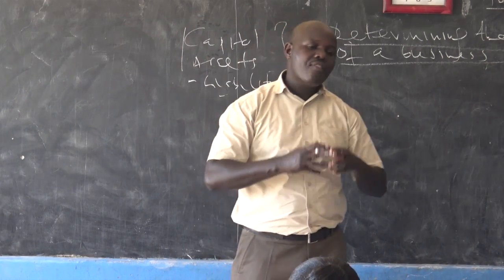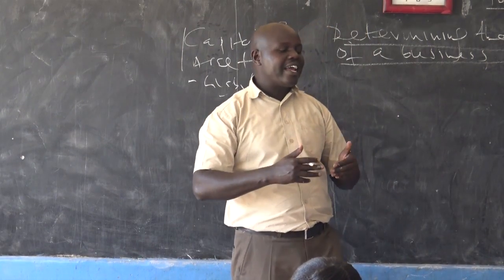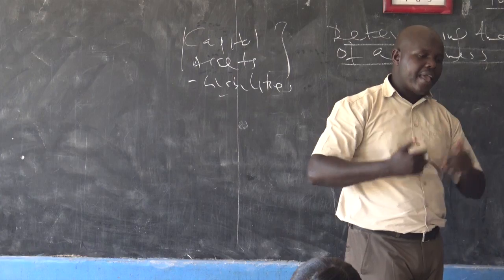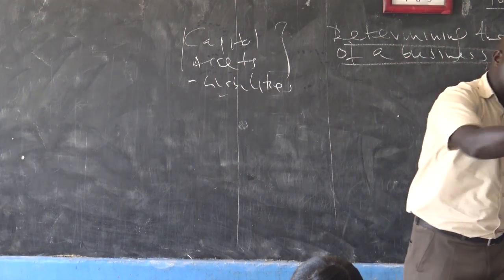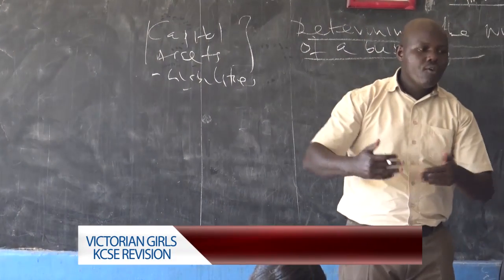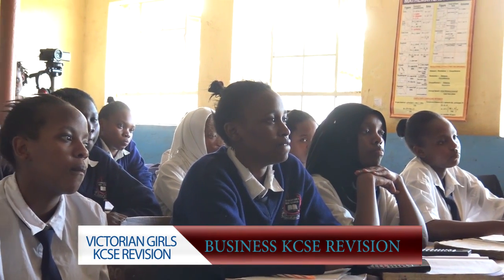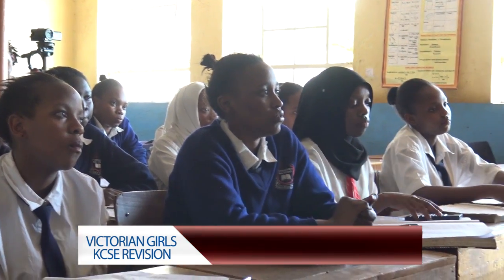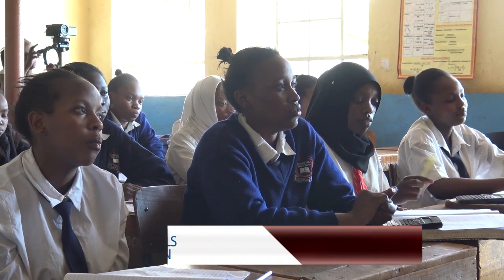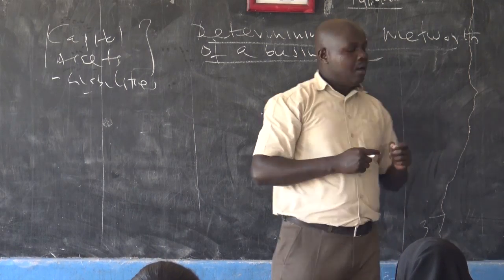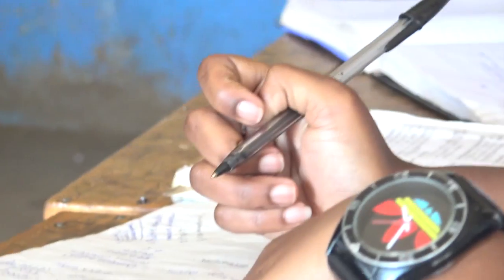Fixed assets are those resources which are expected to last for long in a business, usually for more than a year. They are called fixed assets. The key word is intended, expected. Are you together? Yes.